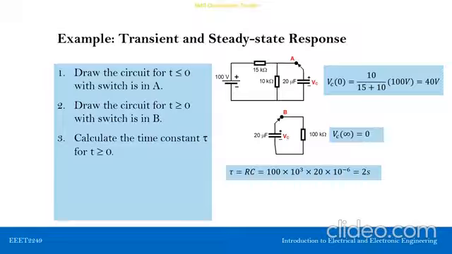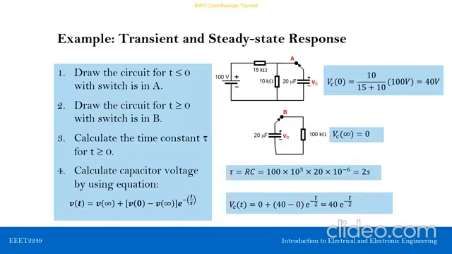Then calculate the time constant tau for t greater than or equal to 0. Time constant tau equals R multiplied by C for the final circuit, where R is 100 kilo ohm and C is 20 microfarad. This gives us 2 seconds.